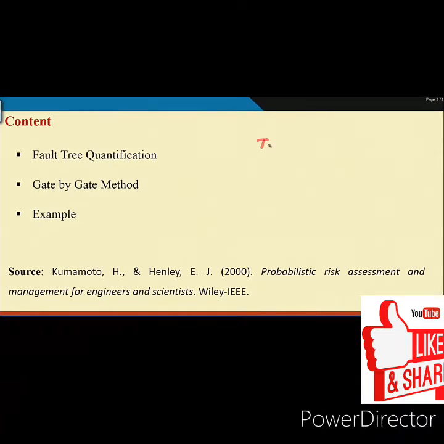You first find out the top event, then find out the first level contributors, then find out some logic gate to link with the first level contributors, and then find out the second level contributors, and then find out a gate again.